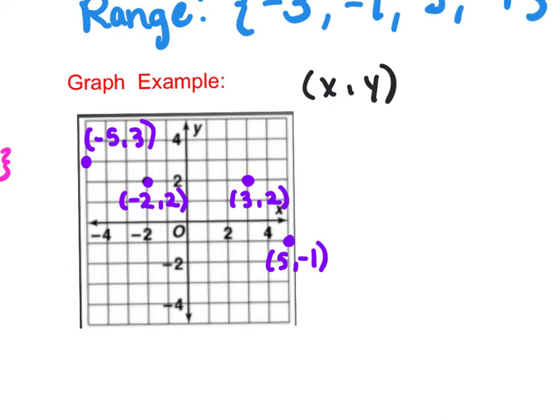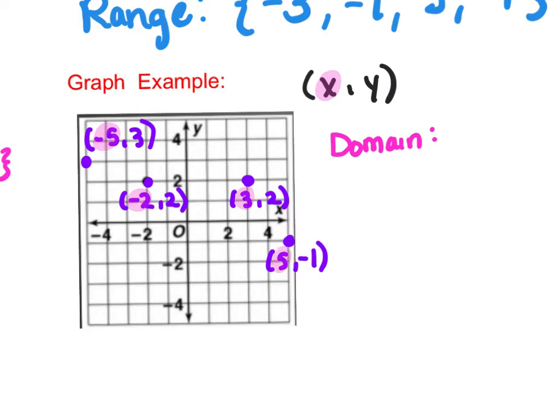Now, if I want to identify my domain and range, I'm going to do the same process like we did with the ordered pairs. So the domain is, again, the x values. My x values are negative 5, negative 2, 3, and 5.